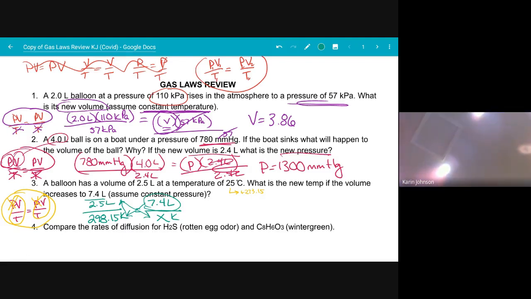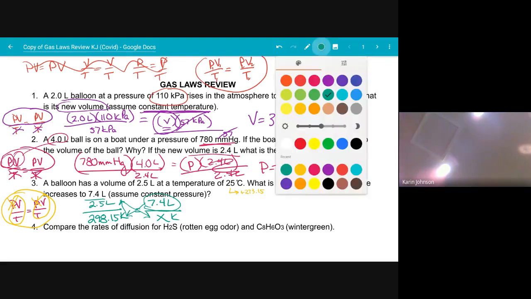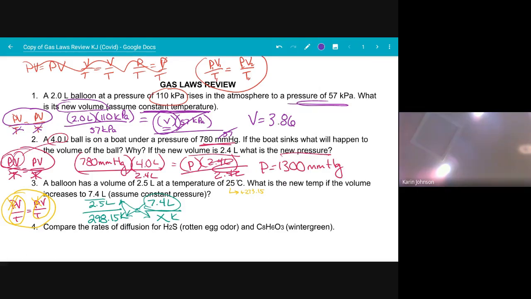So we want the X to be off the bottom of the fraction. I'm going to change colors here. So I'm going to multiply both sides by X. When I multiply both sides by X, I cancel these two X out. They cancel each other out. But now I have X times 2.5 divided by 298.15.